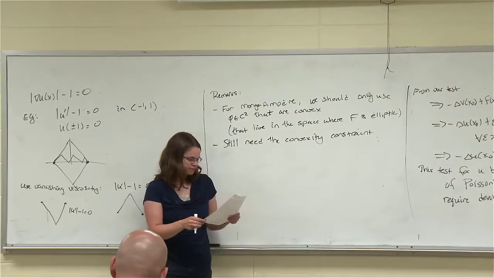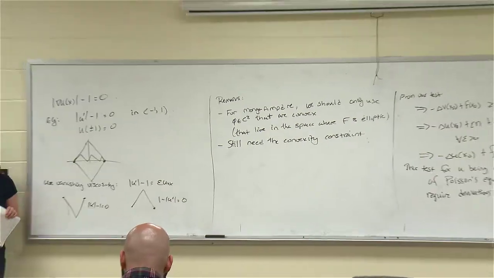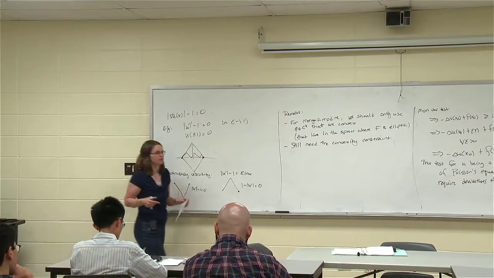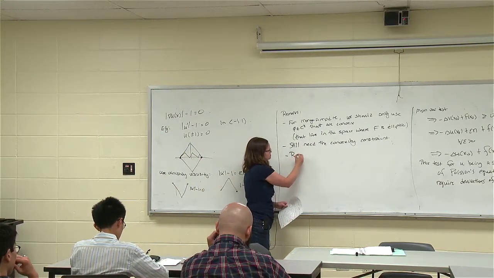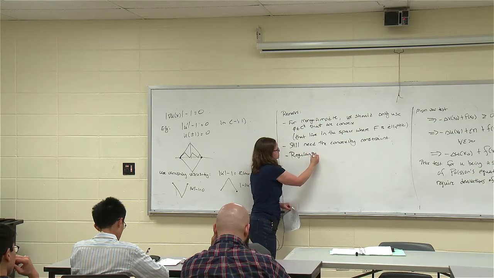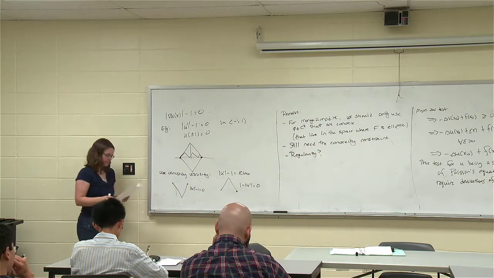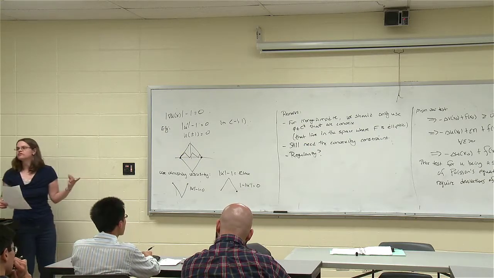What else? So we know we don't have to take derivatives, but what kind of regularity do we expect in our solutions when we're working with viscosity solutions? Well, we're doing something where we need to be able to make sense of local mins and local maxes at the very least, right?